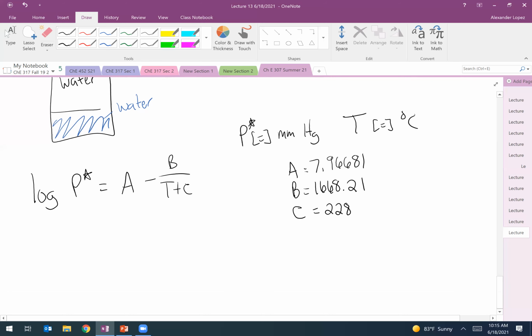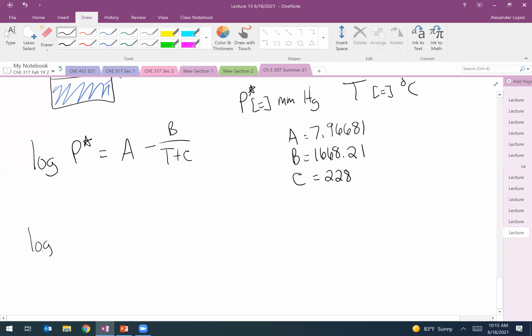So plugging in, I have log of P star equals 7.96681 minus 1668.21 over T, which for this system needs to be in degrees Celsius, so 65 plus C, 228.